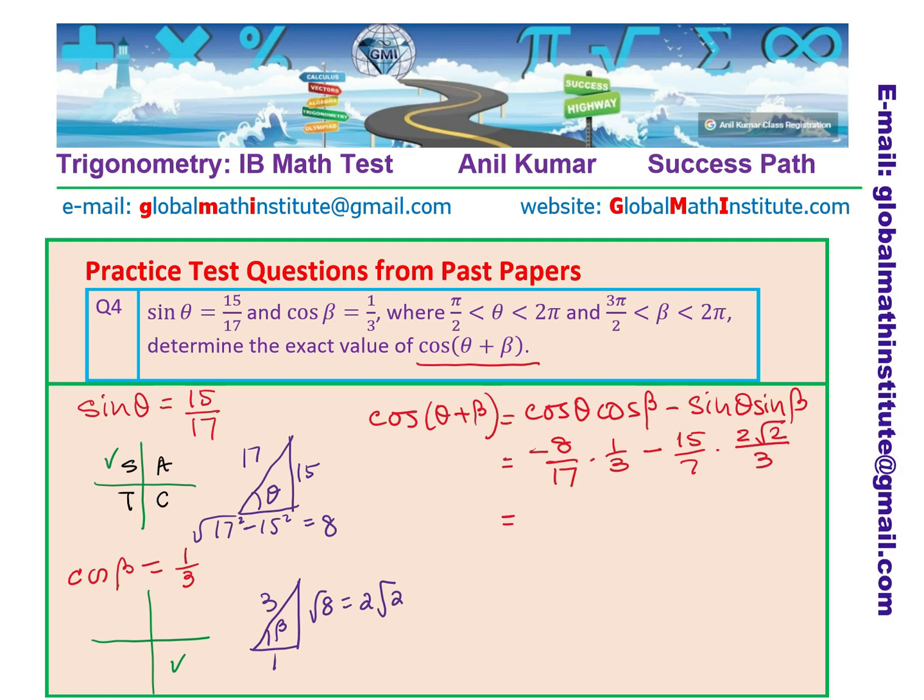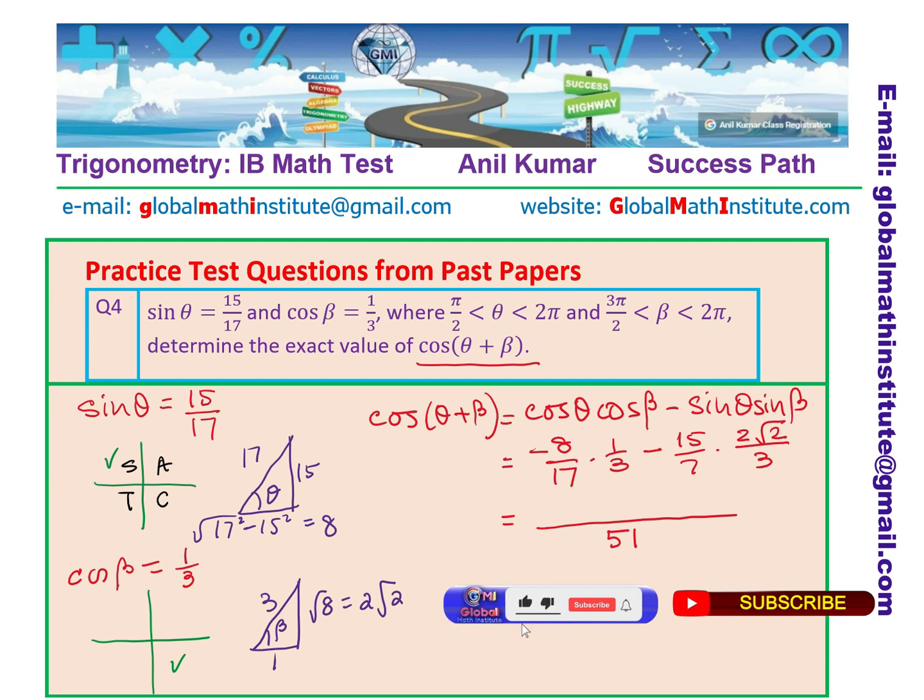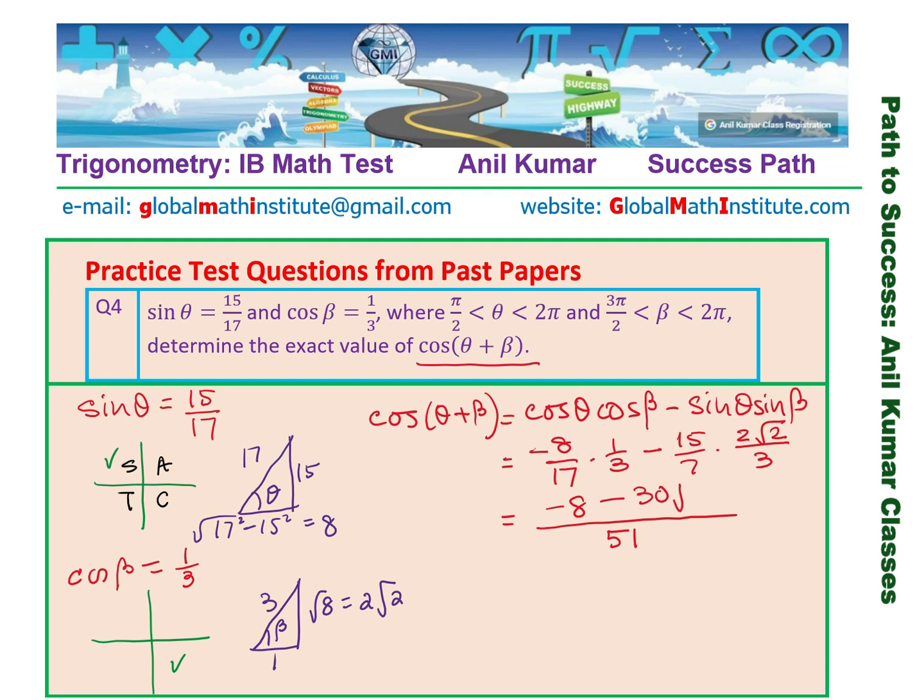That gives you a common denominator, which is 17 times 3, which is 51. We have minus 8, and here we have plus 30 square root 2. So that becomes the value for cos of theta plus beta, right? That is how we are going to solve this particular question.